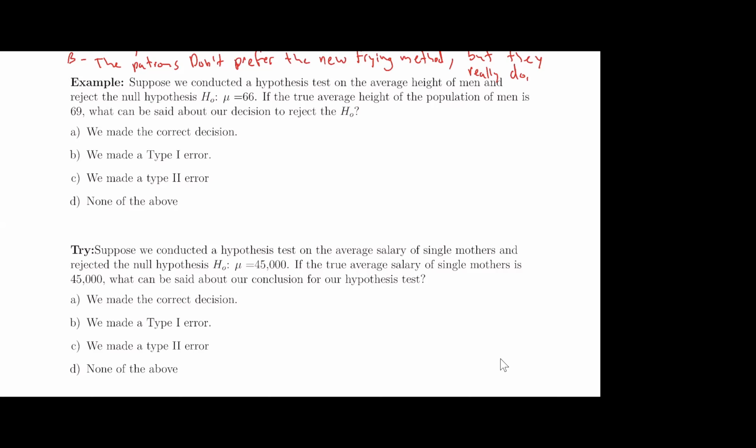Cool, thanks. So for this one, they came up with the right decision, because they rejected the claim that the mean height of men is 66 inches, and it actually turned out to be 69 inches. 66 is different from 69, so it was valid for them to reject the null hypothesis.